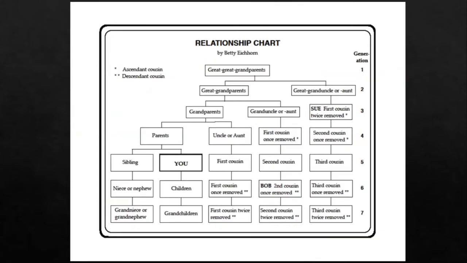Here's another chart that shows up pretty regularly. Again, it doesn't go back much further, but it has a slightly different rearrangement. All the terms are essentially the same. In this example, used by the person who created this chart in their presentation, you'll notice that you are in a slightly different position.